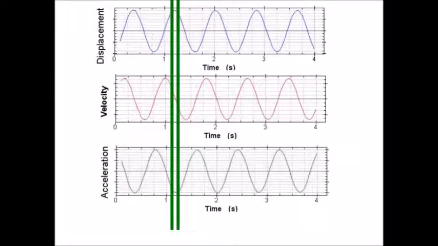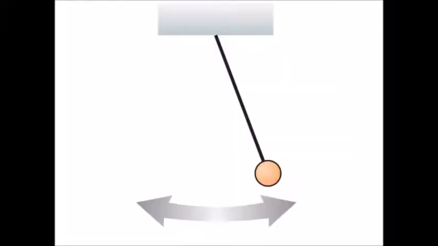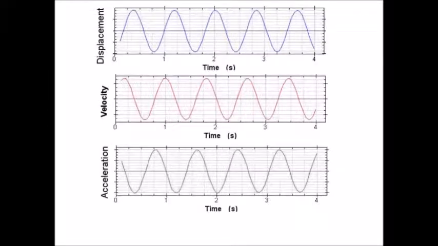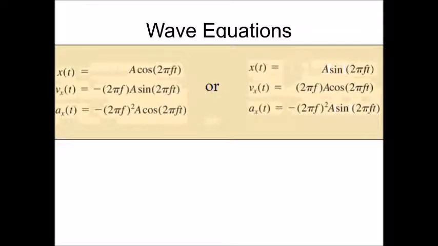Here, displacement is a maximum, velocity is zero, and your acceleration is a maximum, but you are accelerating in the opposite direction of your displacement. Yeah, that's a lot. But you can see that if the displacement graph is a sine, the velocity graph is a cosine, and the acceleration graph is a negative sine graph, because the acceleration and displacement are always fighting against each other. Or you could write out the equations like that to get all those coefficients.